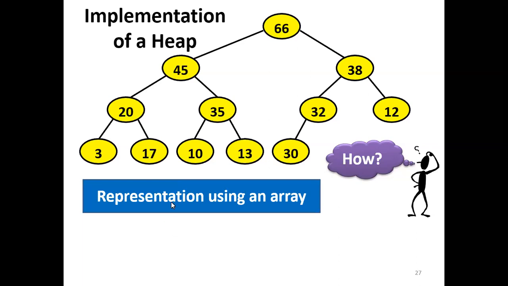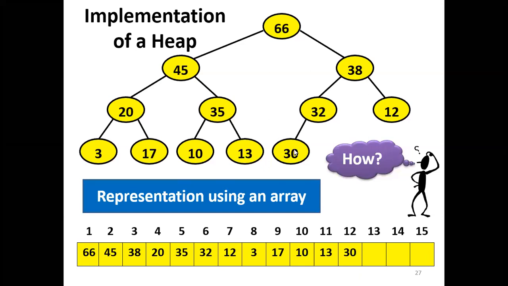Then we come down to the next level, which is the third level, and we have 20. So that's how we keep recording until we get to the last level. These are called the indices of these elements. And if you look at this place, you see that this leaf node is missing.